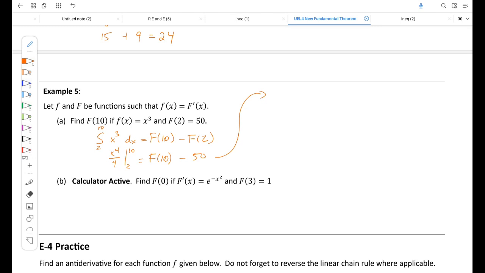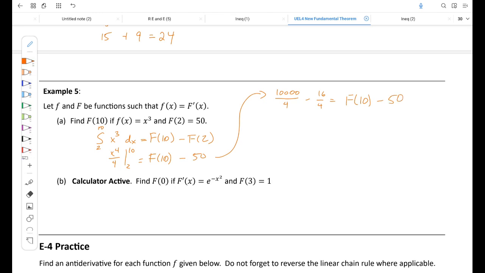So I have 10 to the 4th over 4, which is 1,000 over 4. No, 10,000 over 4, right? Minus 2 to the 4th over 4, which is 16 fourths. Which equals F of 10 minus 50.